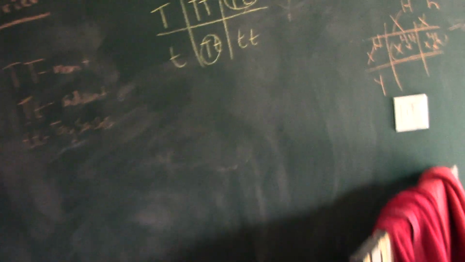Okay, so when we express blood type, blood type is expressed in this way. So let's say someone has A blood type.